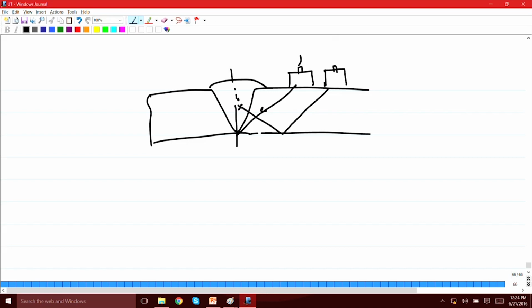And the moment it encounters this defect interface, as I have said before, this will reverse the direction and come back to the probe, and that is how you will see the defect echo with respect to the half skip distance.